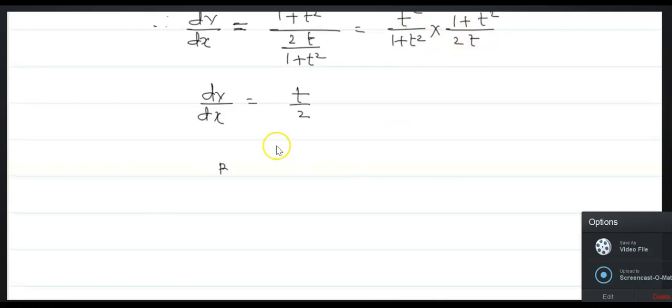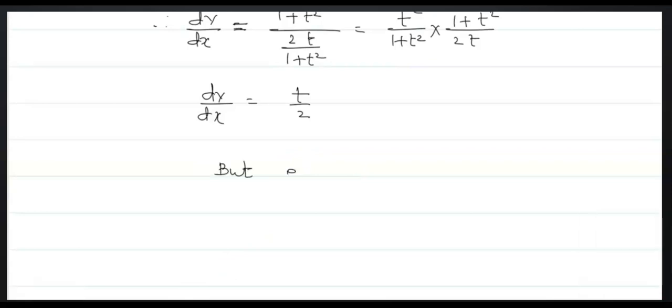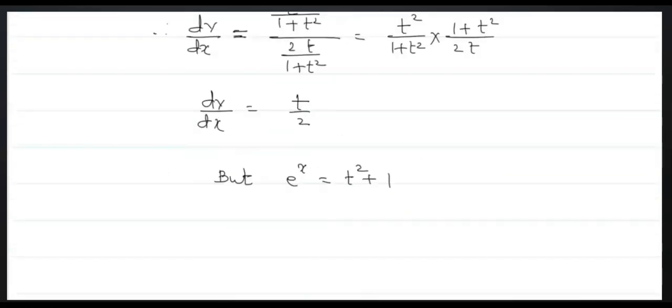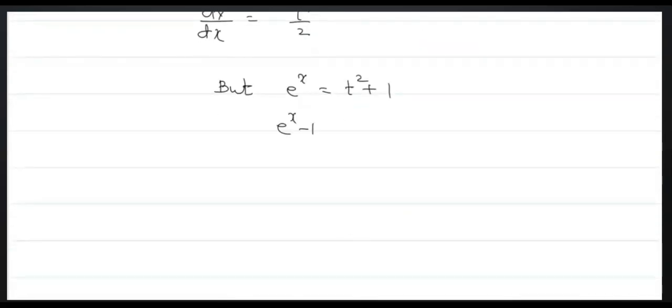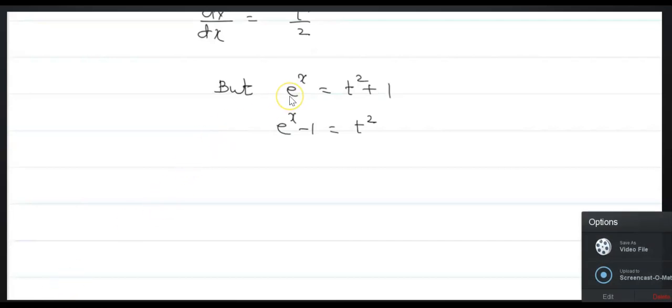t square upon 2t. That is, one t will get cancelled, that is t upon 2. Therefore, dy by dx is equal to t upon 2. Now again, find out the value of t. But e raised to x is equal to t square plus 1. Therefore, e raised to x minus 1 is equal to t square.